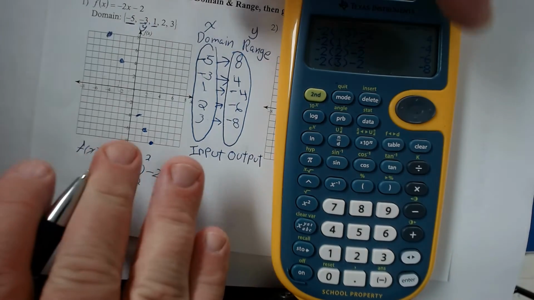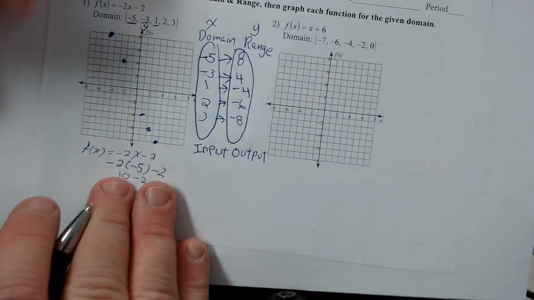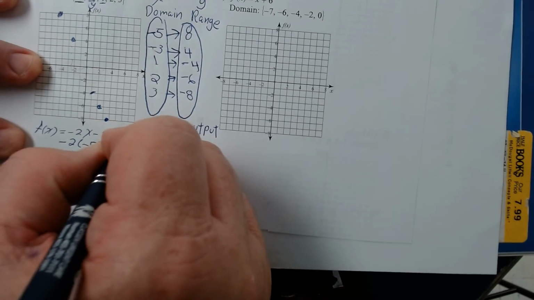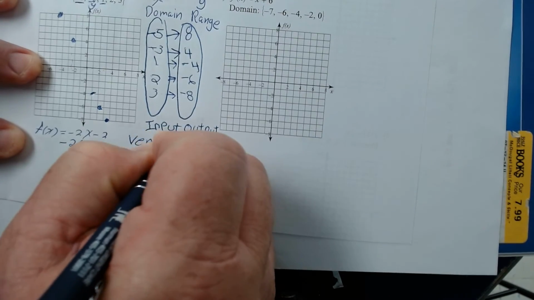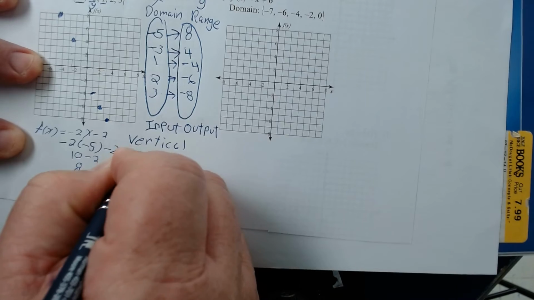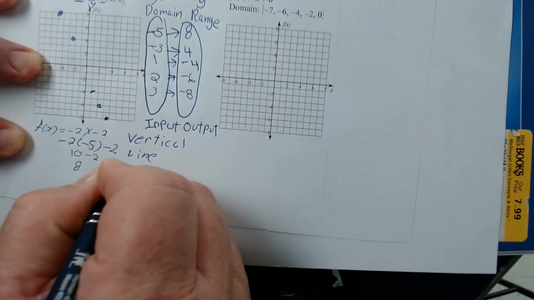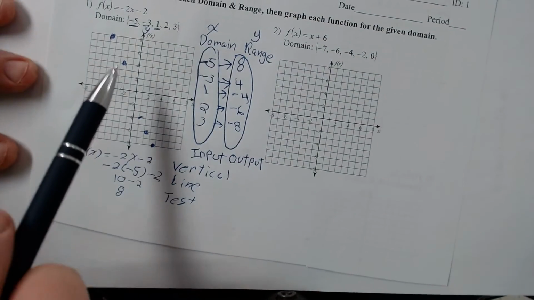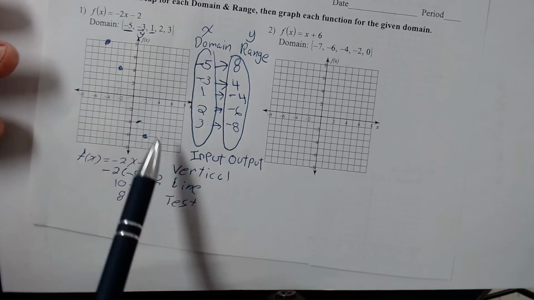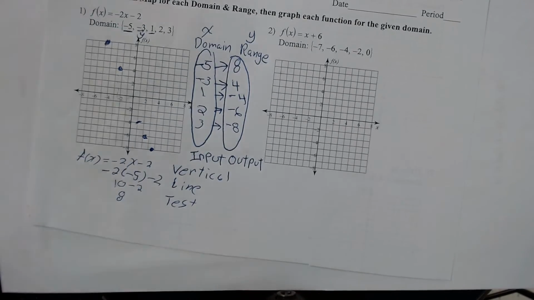And then after I'm through with this, I'm going to perform what's called the vertical line test. I want to know, is this a function or a relation? If I perform the vertical line test and it passes, it's a function.